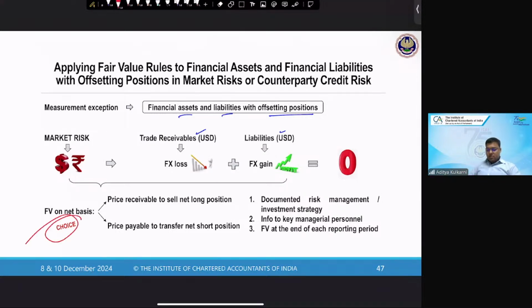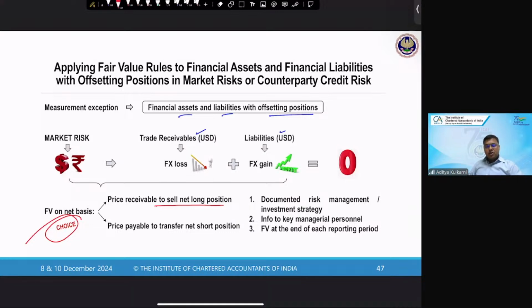It is a choice. If there is a price receivable to sell a net long position, sell means I will be price receivable to sell a long position. That means I will get dollars when I sell. Correct? When I sell the goods to a customer, I will get dollars in the future.